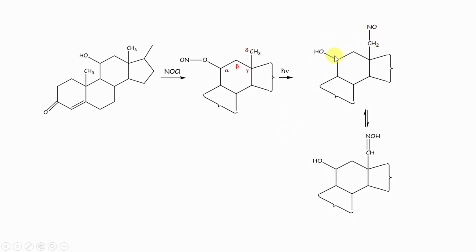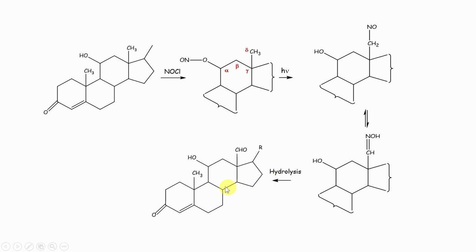Delta nitroso alcohol is produced, which tautomerizes to produce the corresponding oxime. This oxime upon hydrolysis forms the corresponding aldehyde. We can convert this molecule into an aldehyde by Barton's reaction. It is an application of Barton's reaction in steroids.